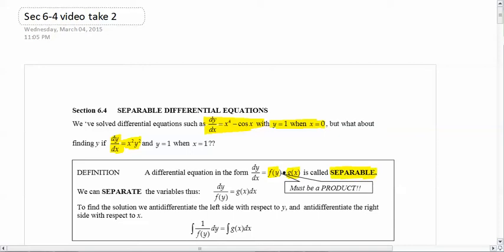And separable differential equations can be approached as follows. We can separate the right-hand side by keeping the function of x on the right-hand side, and we can get rid of the function of y by dividing both sides by it, so that it ends up being in the denominator on the left-hand side.